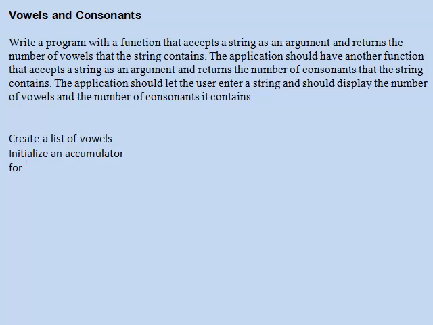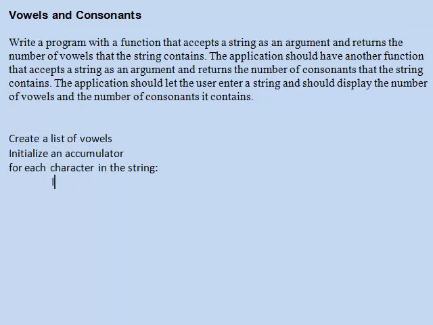So the loop's going to be something like this: for each character in the string. Then inside the loop, we're going to test the character that we are operating on during that particular iteration.